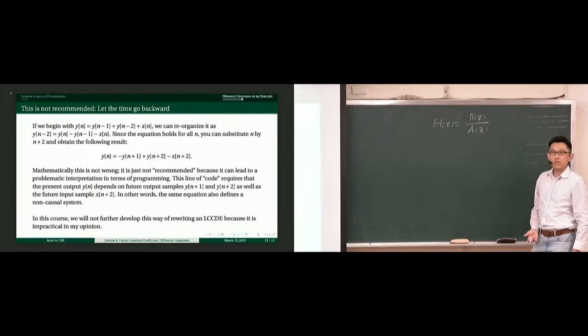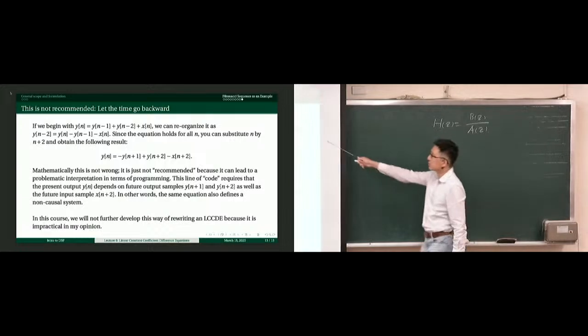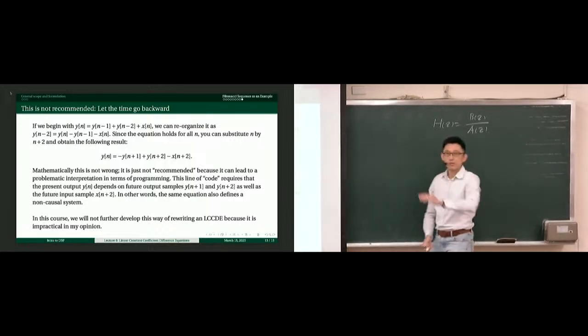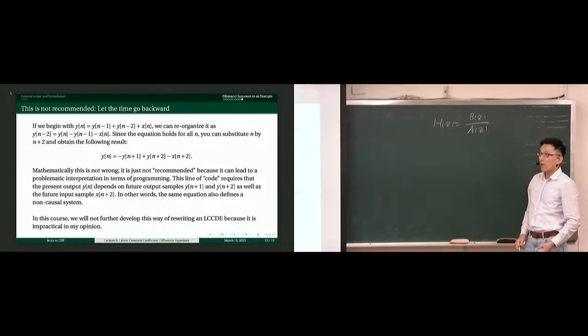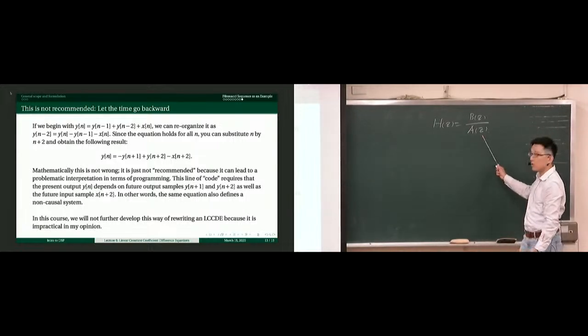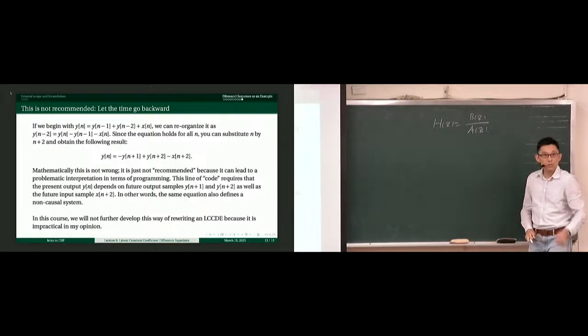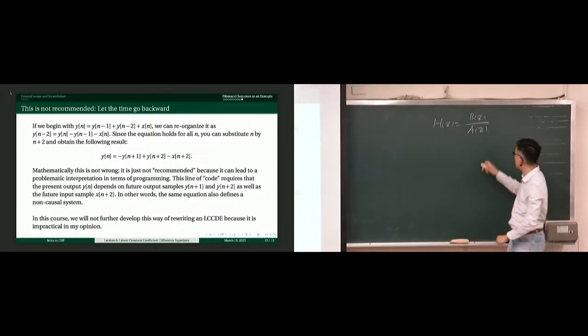So all those issues will not be an issue if you don't do this. If you don't allow time to go backward, then there is no such issue. The region of convergence is always outside the circle, outside the circle with the largest radius, where you find the pole which is farthest away from the origin, right?